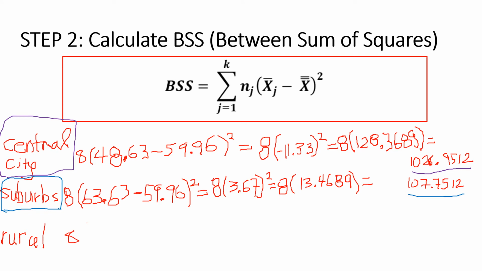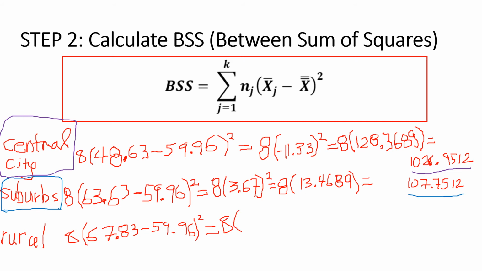So 8 times, and in this case, our sample mean for rural was 67.83, minus 59.96, squared.